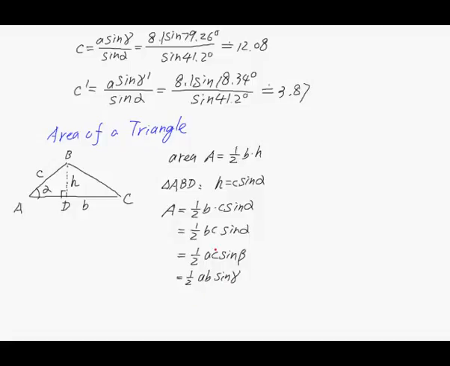And you look at this formula, you see if you have the sides b and c, and you miss the side a, then you use the angle opposite the side a. Okay, the angle opposite the missing side. If you have AC, then the missing side is b, then you use the angle beta. If you have the side AB, then the missing side is c, then you have the angle gamma. So this is the area formula for a triangle. Okay.